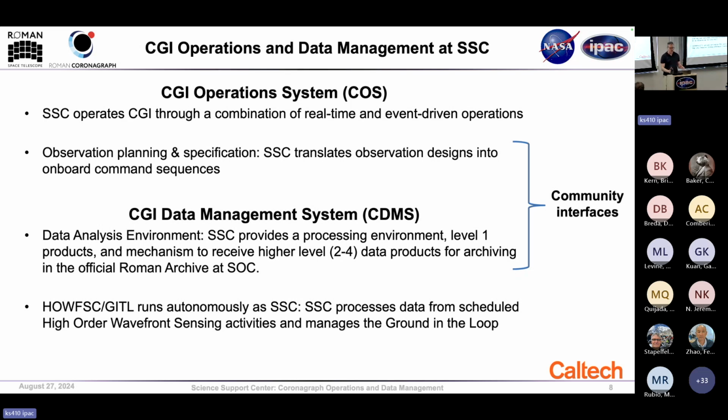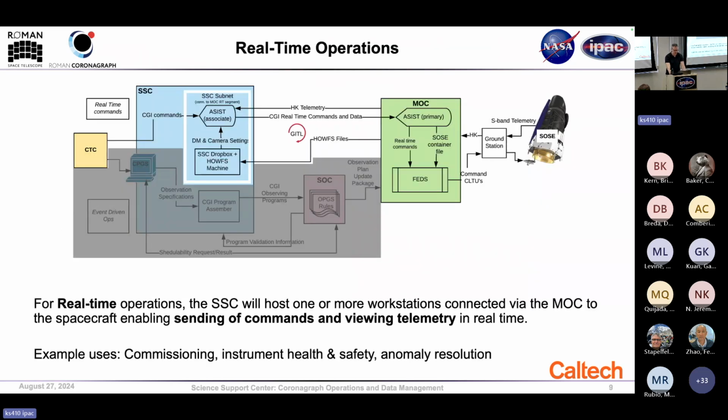And then it will run autonomously at SSC. We process the data from the scheduled high order wavefront sensing activities on the ground. A lot of this work is very interfaced with the community. The observation planning and the data analysis environment are strongly working in tandem with outside scientists and community members.